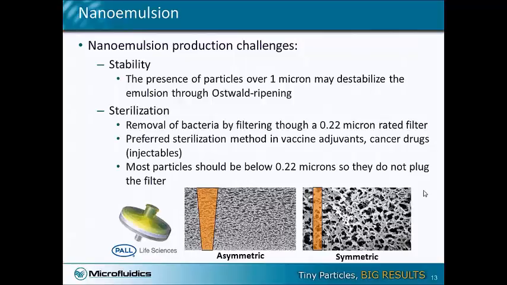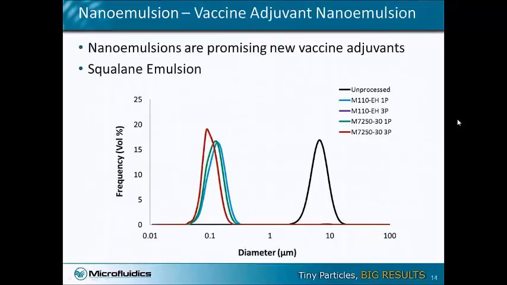Here comes the first example of an adjuvant nanoemulsion. This is the squalene-based nanoemulsion. Showing the results here, the black curve is the unprocessed sample, which shows large average particle size. After processing, the results shown here are from two different microfluidizers. The blue and purple curves are processed by a pilot scale M110EH microfluidizer.